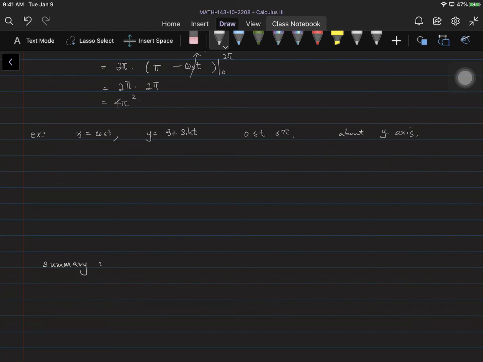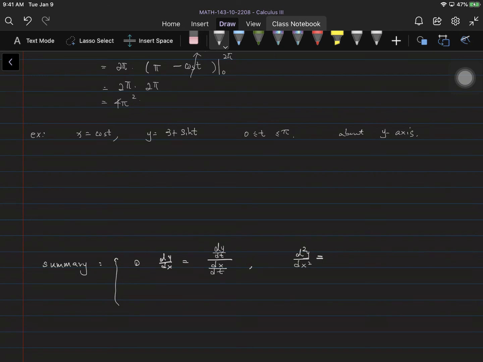Summary for this section. The first thing we need to know is how to find the slope of the tangent, or just the derivative of the parametric equation curve. That is dy/dt over dx/dt. And also the second derivative.